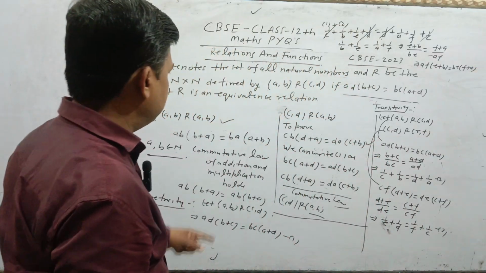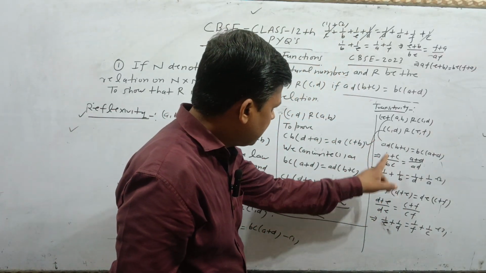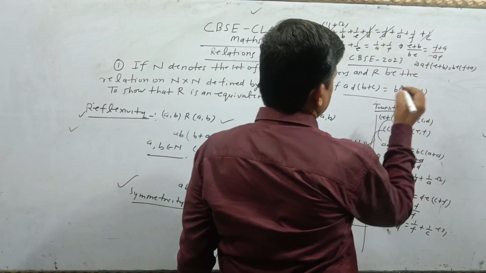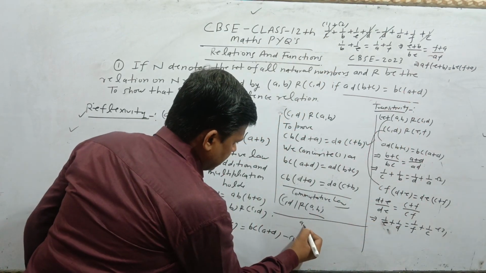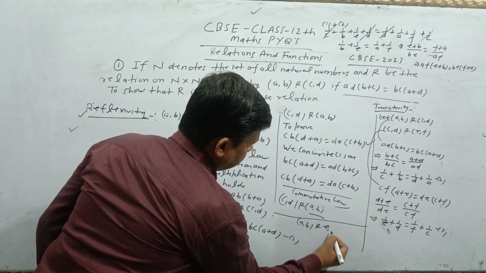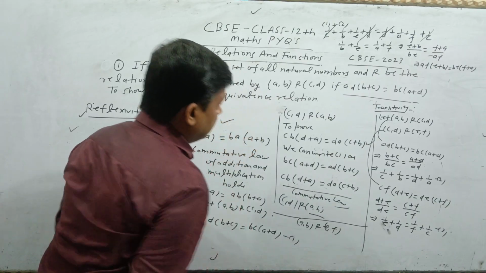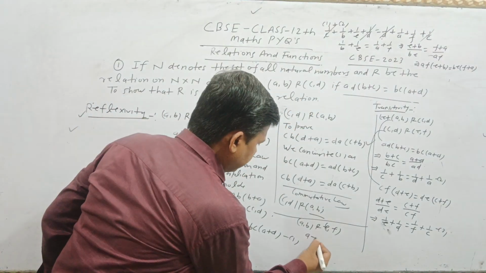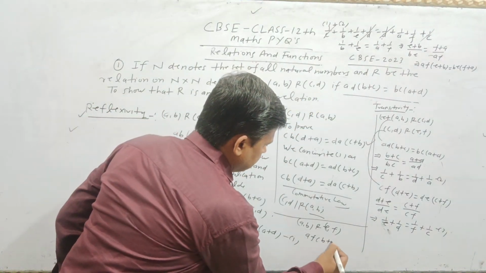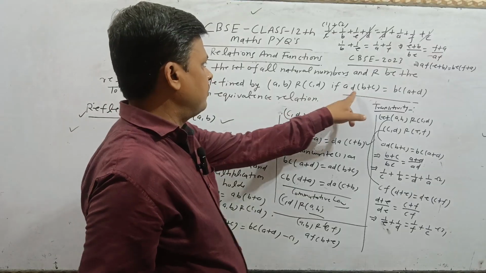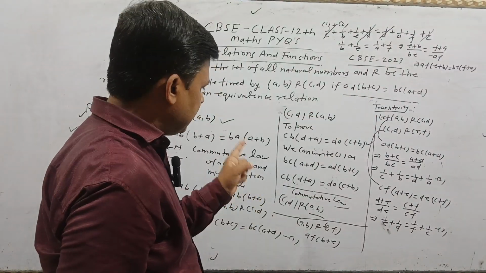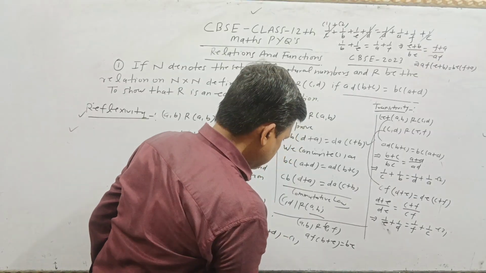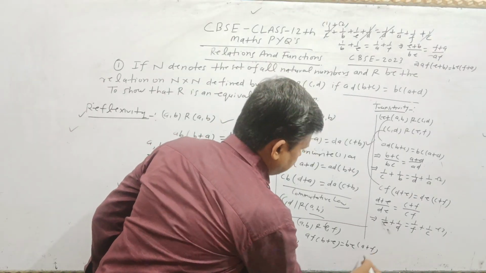What we have to show is that AB relates to EF. If AB relates to EF, then according to this relation, what you have to prove is AF(B plus E) in the same way as AD(B plus C) is equal to BE(A plus F).